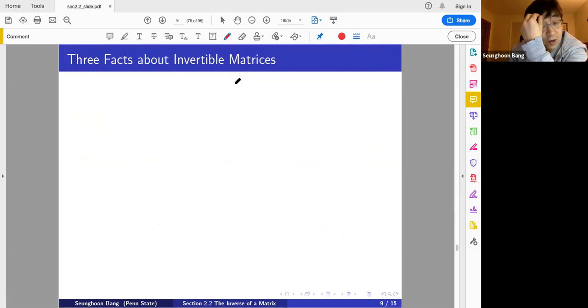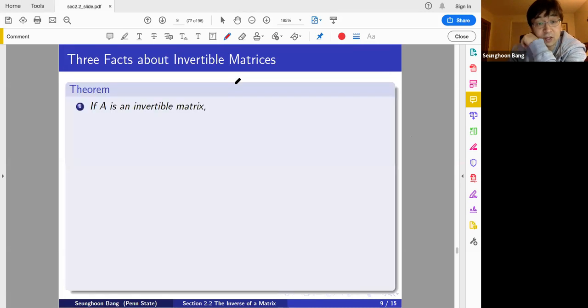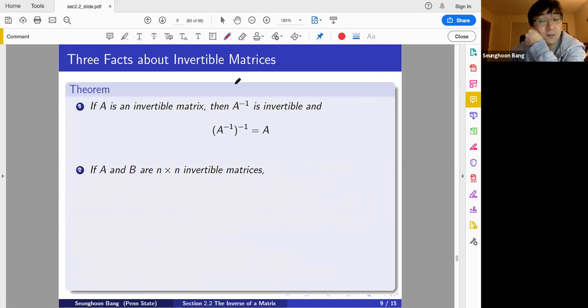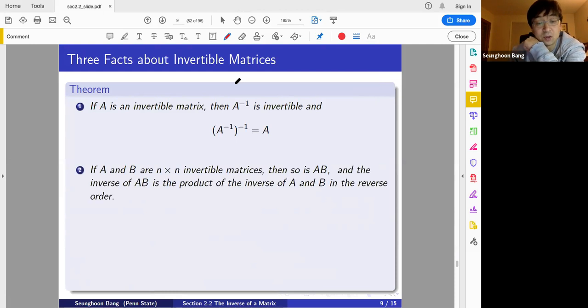Three facts about invertible matrices. The first theorem: if A is an invertible matrix, the inverse of A is also invertible. The inverse of A inverse is automatically A, it changes back, right? Inverse of A inverse is just A. If A and B are n by n invertible matrices, then A times B is also invertible.